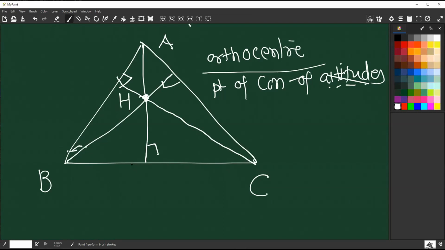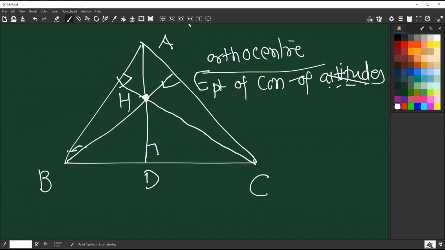So if somebody asks me to get the coordinates of the orthocenter, suppose I name the altitudes AD and BE, and solve them simultaneously, I get the coordinates of the orthocenter.